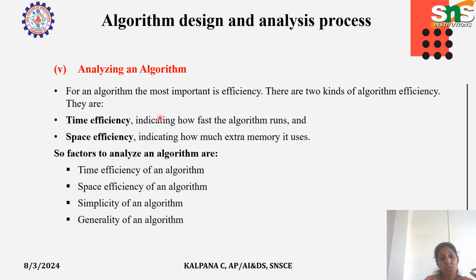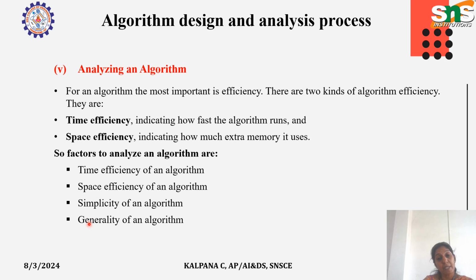These two efficiencies are very important when we talk about algorithm analysis, time efficiency and also space efficiency of an algorithm. Likewise, when we concentrate on time and space, we must also ensure the simplicity of the algorithm.